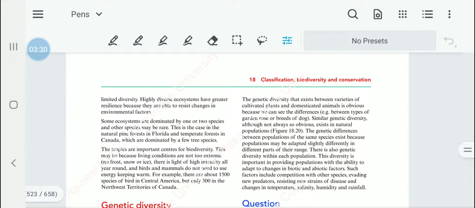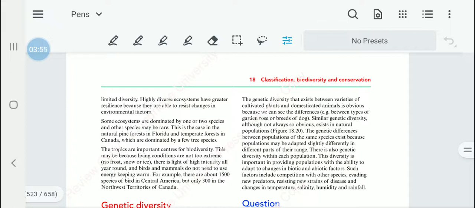That is, they are able to resist changes that come from non-living factors or even living factors. They will be able to rebound really effectively. If there are ecosystems dominated by one or two species, even a small change will affect them a lot.